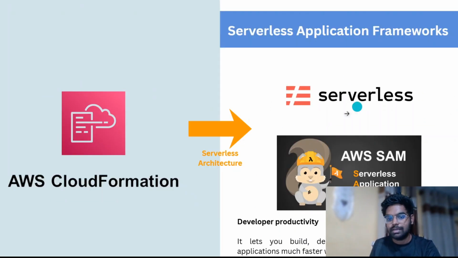There are two serverless application frameworks here. The first one is Serverless Framework, and the second one is AWS SAM, with which you can create serverless applications on AWS only. But if you want to create serverless infrastructure on different cloud providers like AWS, Google Cloud, or Azure, then it is better to choose Serverless Framework.